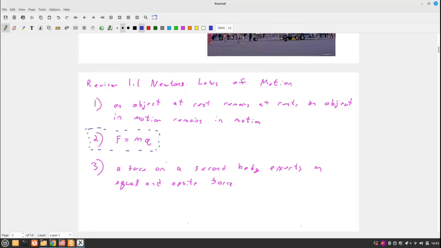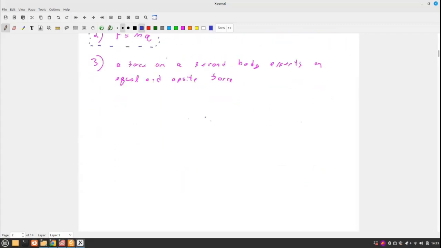In this course, we are going to initially focus on single degree of freedom systems. So this is chapter 1.1, single degree of freedom systems.